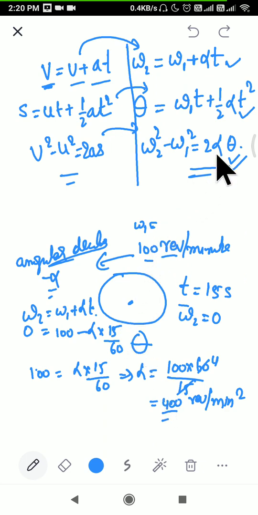Minus 400 if I substitute here, then we can find out theta. So I can use either of these two formulas in the second step, but to calculate alpha we will use the first step. So this is how we will do the problems. Okay, I'll stop the class here.